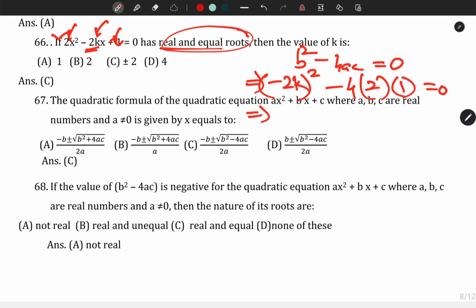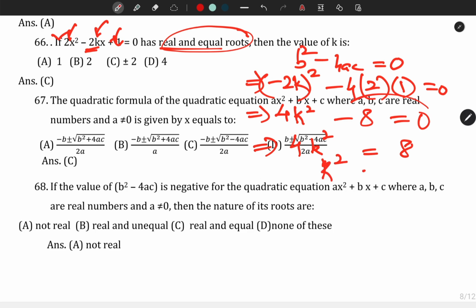So minus square will become plus, 2 square will be 4k square minus 8 equal to 0. So 4k square minus 8, we'll take it to the other side, it will become plus 8. So k square will be 8 divided by 4. 4 ones are 4, 4 twos are 8.